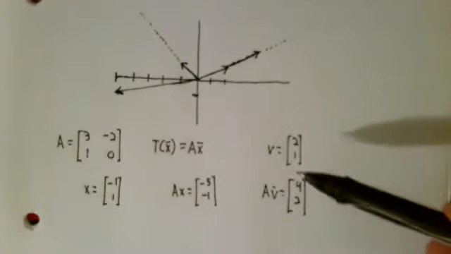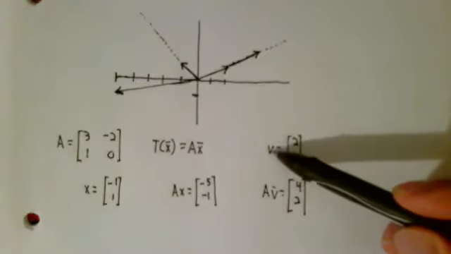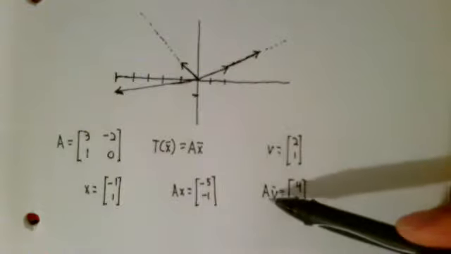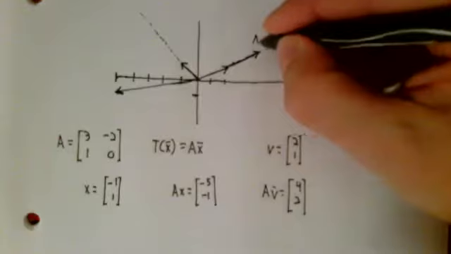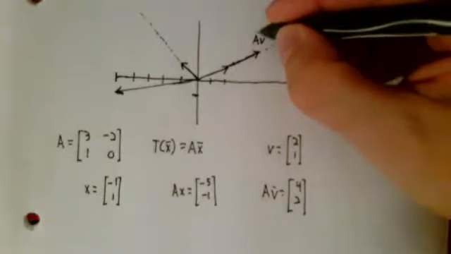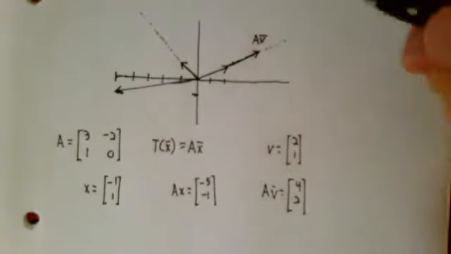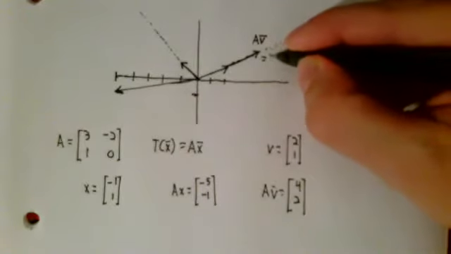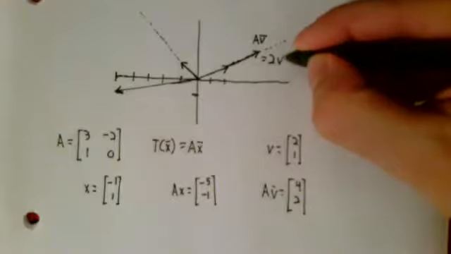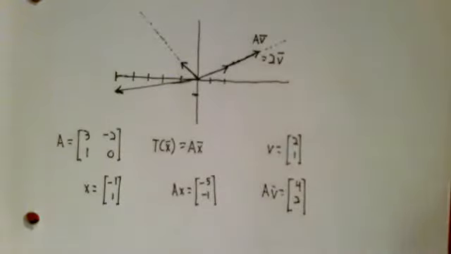In particular, if we compare v to Av, this vector Av is twice v.